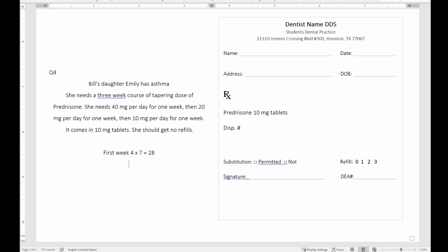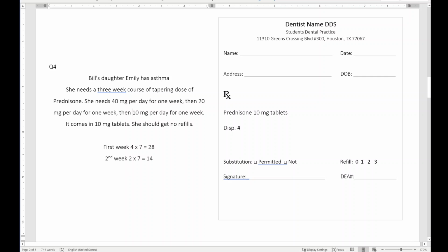Right? And then she needs 20 milligrams per day for 1 week. So the second week, she needs 2 a day by 7, which equals 14 tablets. And then the last week, she only needs 1 tablet per day, which makes it the third week.